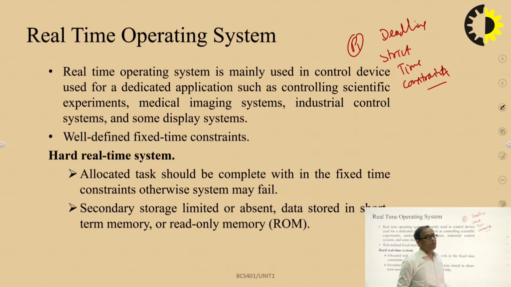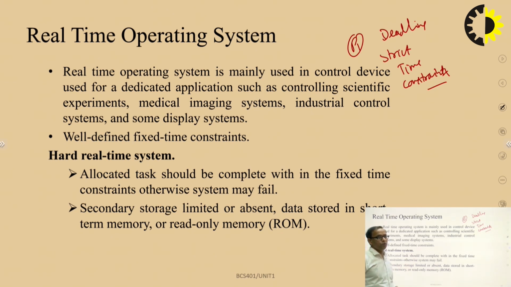So on the basis of execution of a process in the context of the time constraint, the real-time system is divided into two parts. The first one is the hard real-time system, and the second one is the soft real-time system. In a hard real-time system, the allocated task or process should be completed within the fixed time constraint, otherwise the system may fail.